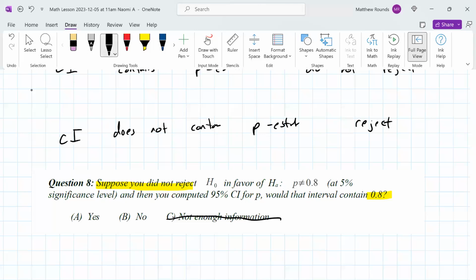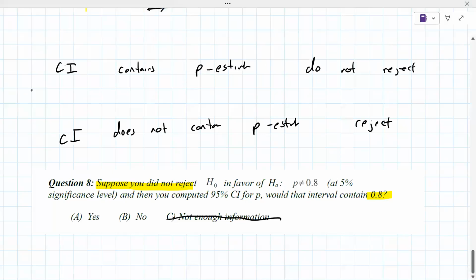Okay, so does the confidence interval contain the p estimate? No. Well, what I wrote is that the confidence interval contains the p estimate. Yeah. That means, yeah. So okay, my bad. And if it said, suppose you did reject, well, then it does not contain the p estimate.